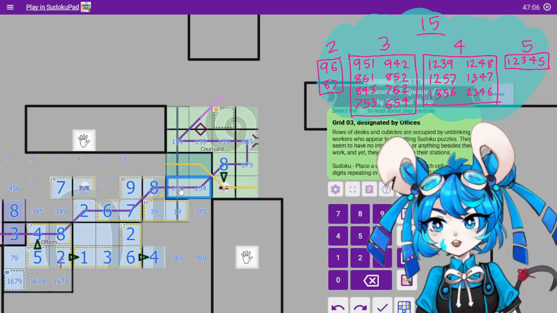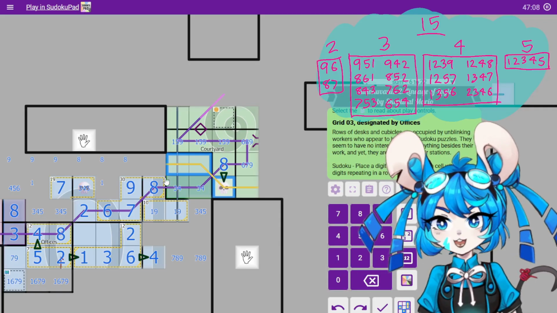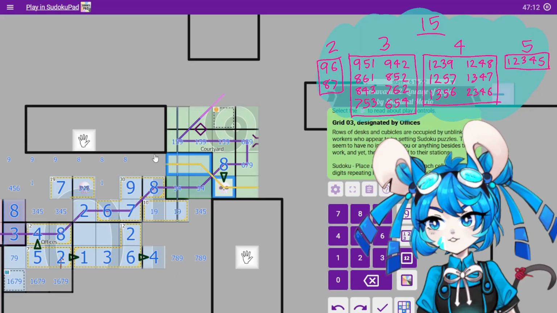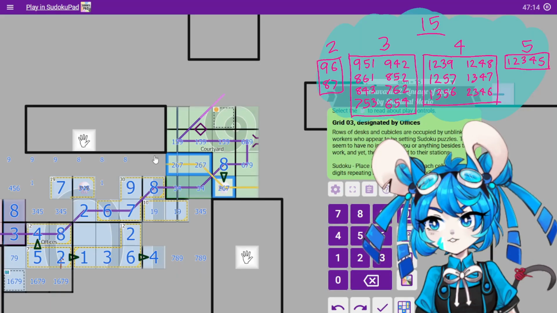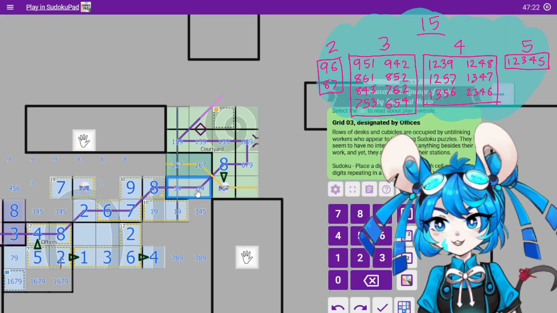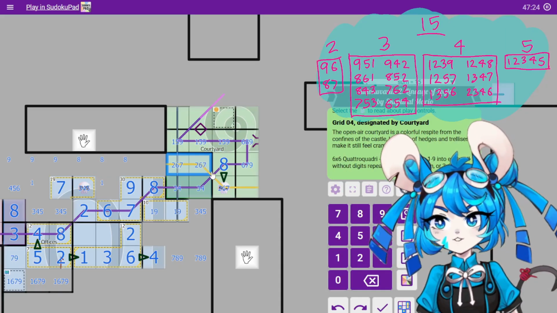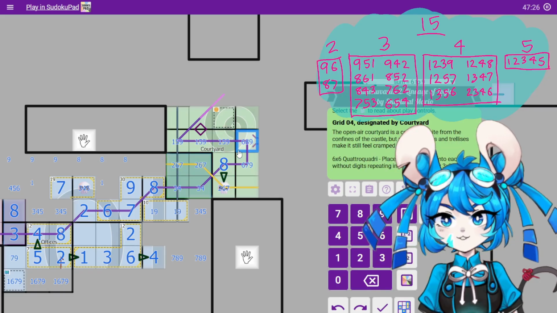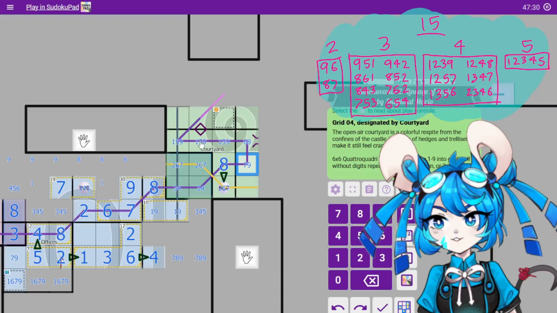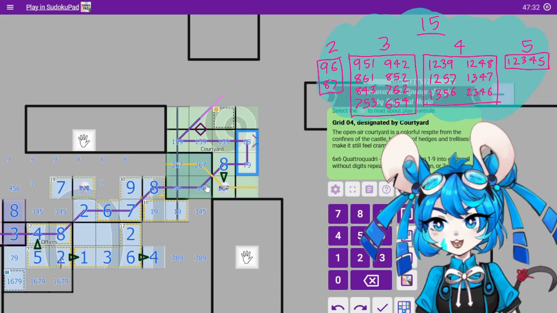Pulling a 5 and 2 off of these two cells and leaving this with what? 762? Yes, because the 2 is pulled off of that area. So that knocks a 9 off of this, which knocks 6 off of that, which is still disambiguable.